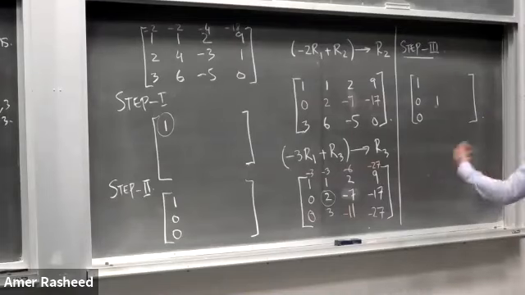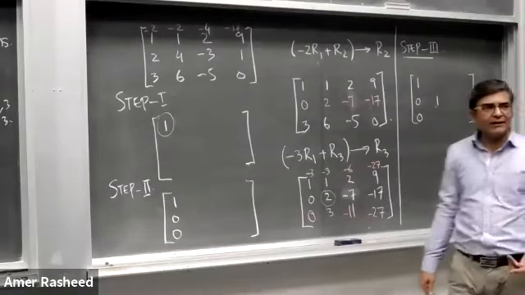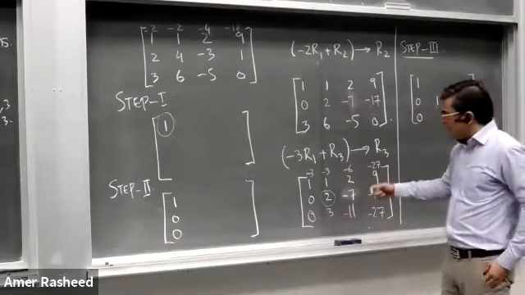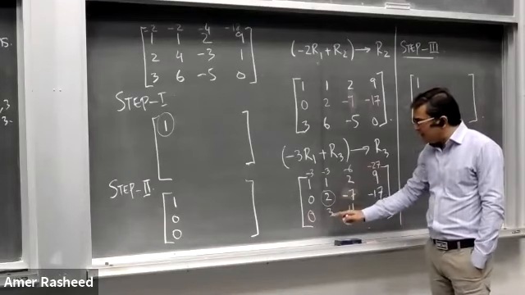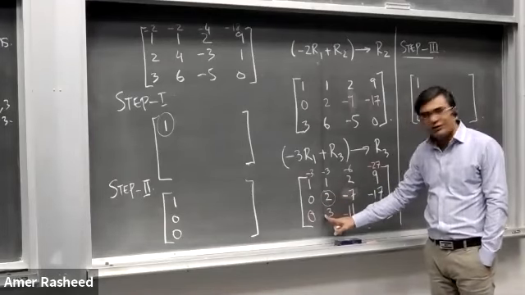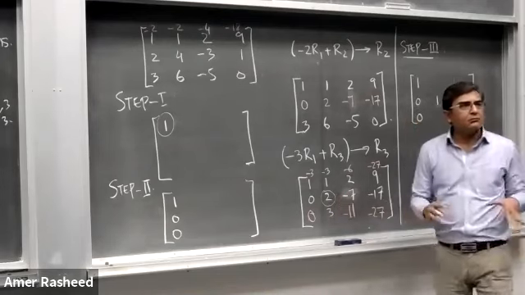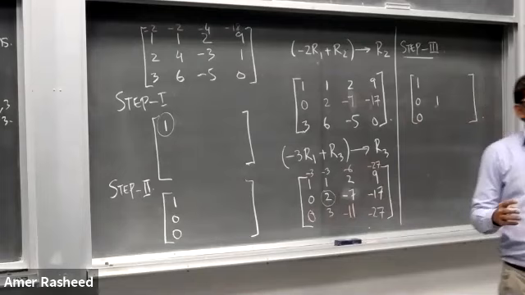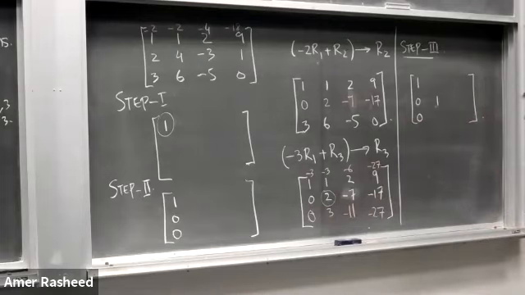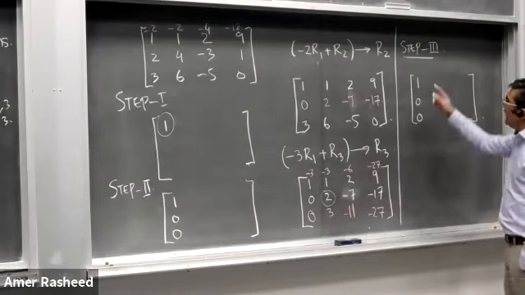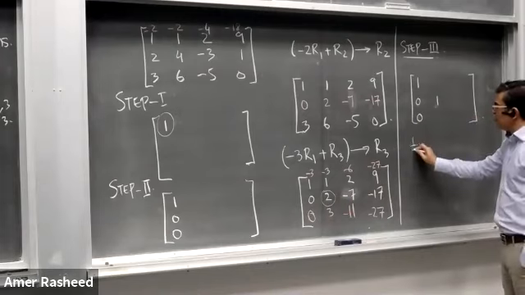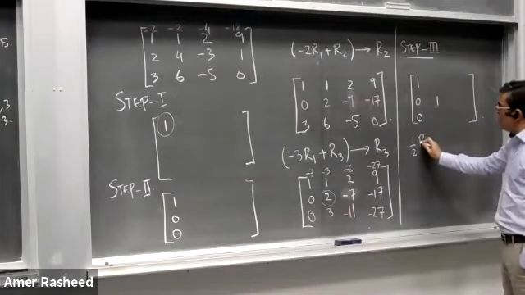Or you can have some other possibility. What is the other possibility? You subtract row 2 from row 3, you get 1 here, and then you can interchange them. Okay? So it depends on the situation. So what I'm going to do in step 3, I'm going to use the simple one, 1/2 R2.